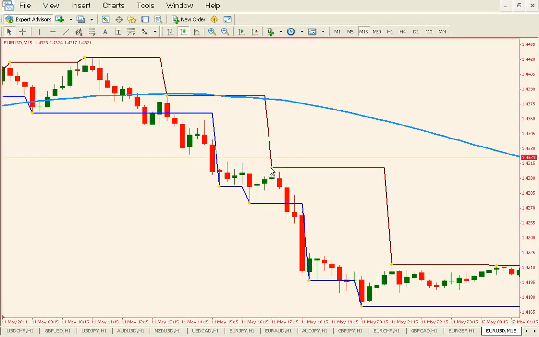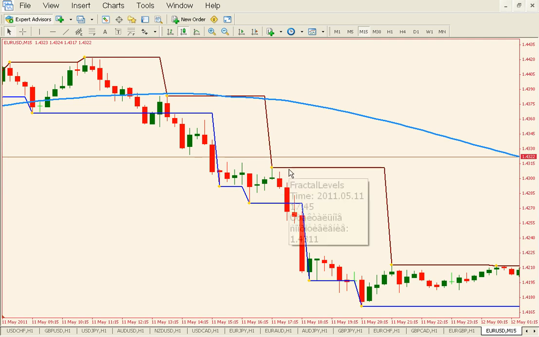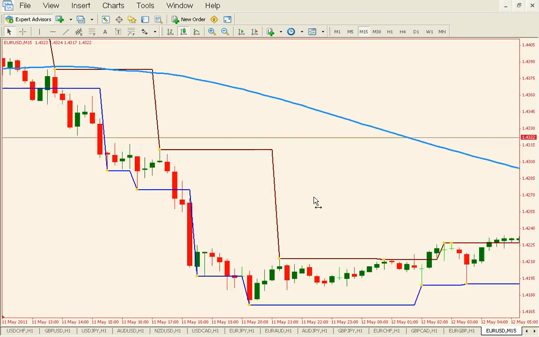So if you said, I'm going to get in on the bounce of this fractal level, you can't, because you don't know this is the fractal until this candle opens. This has to close and this has to open, so you get in right here. Well, you won't get in there because I don't take trades in the middle. But now you see this fractal level, and this fractal level down here is already developed. Your downtrend is with the 100 bar moving average. Price breaks that, so you get in and you ride it again.